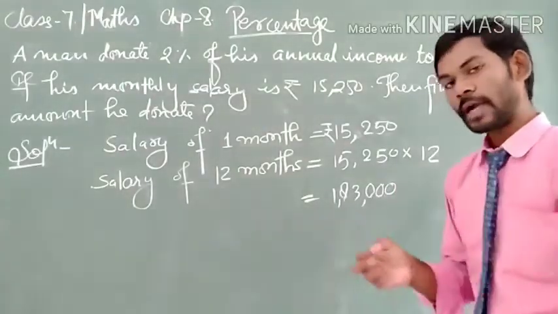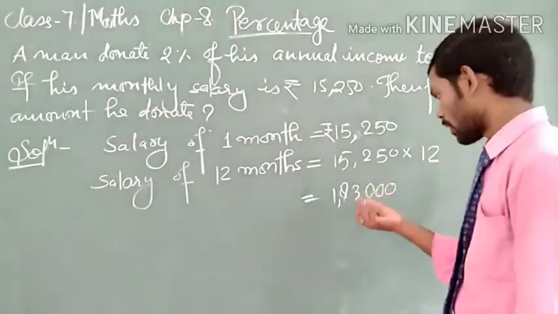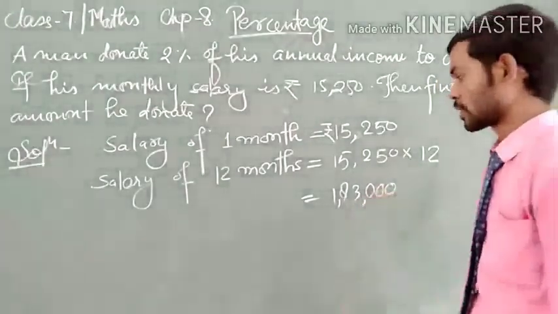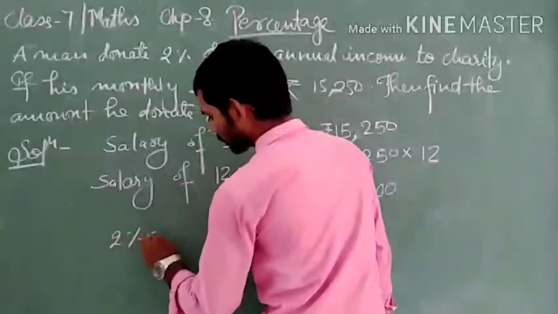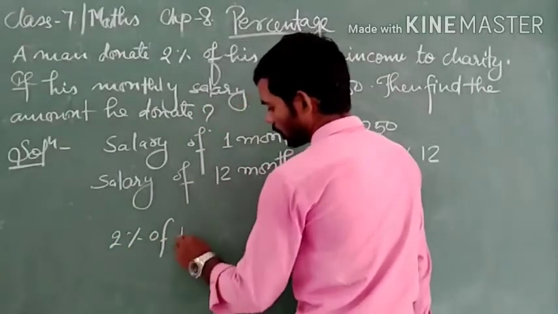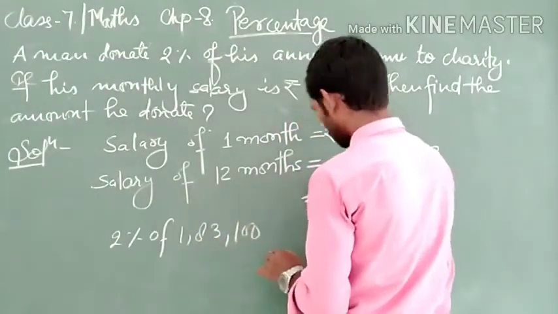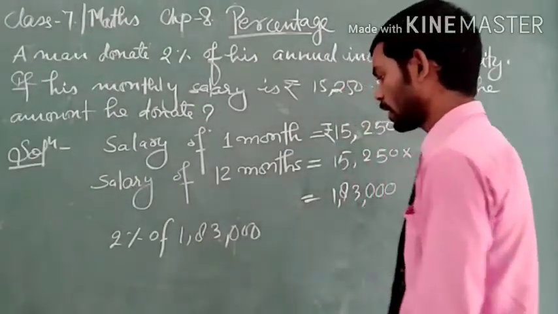Now we have to find 2% of 1,83,000. So here we write 2% of 1,83,000. Okay, we have to find this.